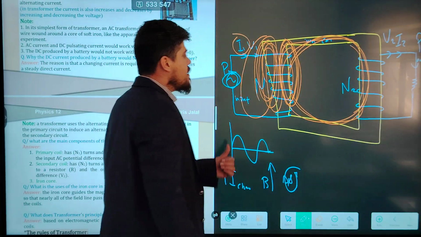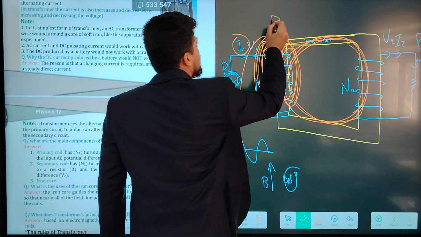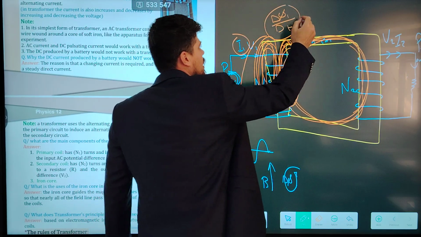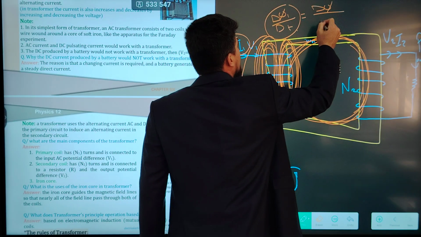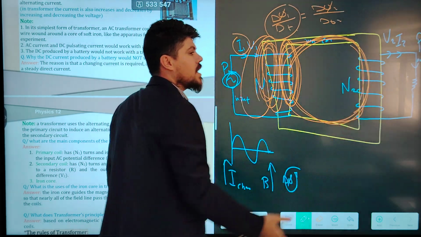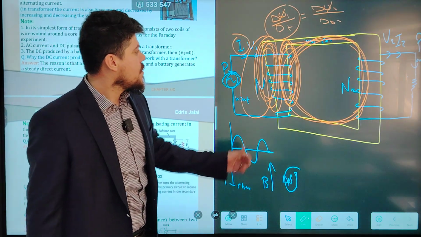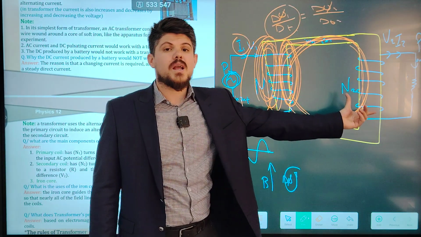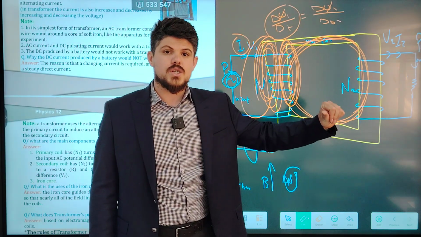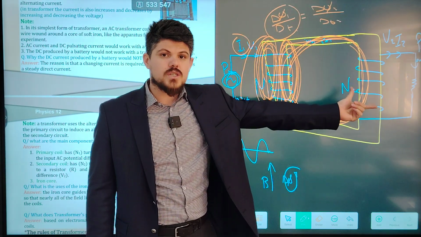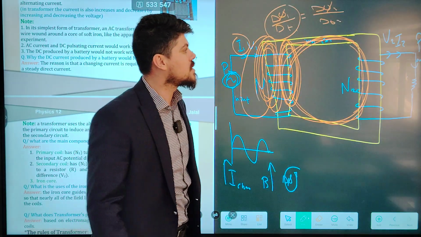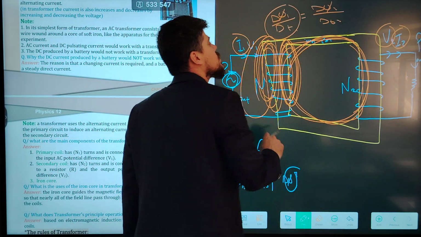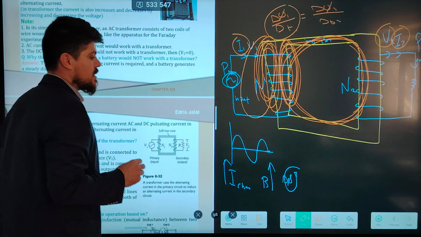If flux per unit of time changes in the primary coil, flux per unit of time also changes in the secondary coil. When the magnetic field changes in the primary coil, in the secondary coil the magnetic field also changes. When the magnetic field changes, flux changes and EMF is induced with the current. So V2 and I2 are induced because of the change in the magnetic flux.